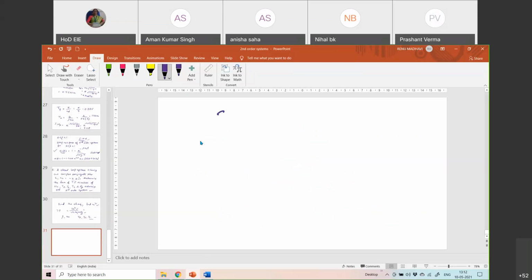Roots S1, S2 are given. How do you find the characteristic equation? Can anyone tell me? S minus first root into S minus second root.